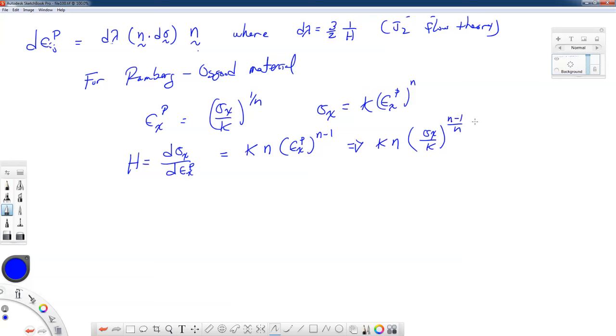So we can write it in this form. K n sigma x over k to the n minus 1 over n power. That's our expression for our plastic tangent modulus.